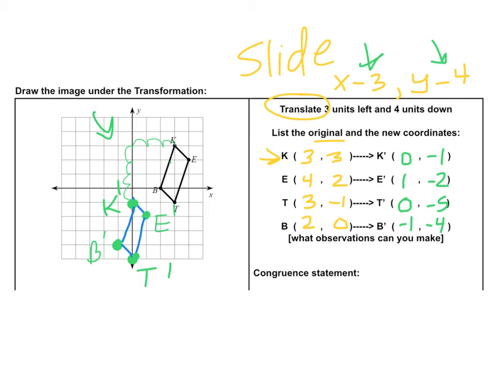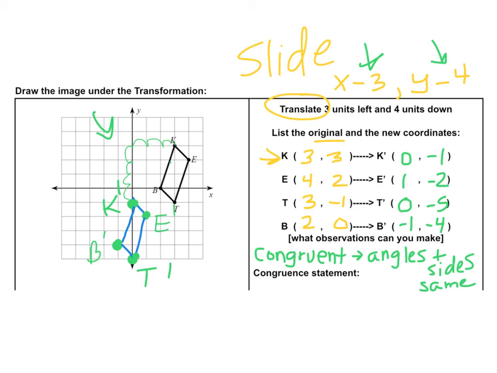Okay, so what can you observe? What observations can you make? So we can say that the angles and the sides are all the same. So it's congruent. And we could say the angles and sides are the same. Okay, then we write our congruency statement.